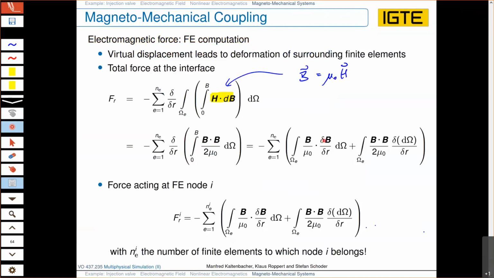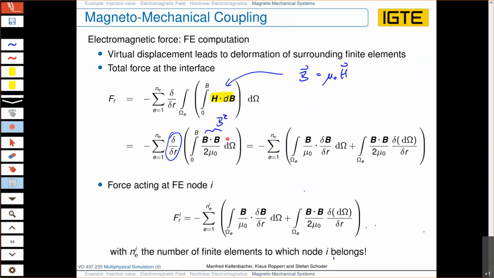And here we have to take the virtual change in the position, so dr. If you do this virtual change, we get B times the virtual change of B with respect to r. This 2 cancels out with this 2, therefore we don't have this 1/2.